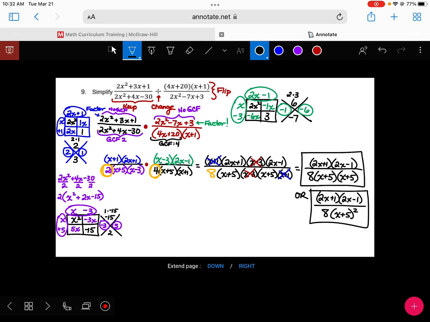To get to my answer key, if my board decides to work, here we go. So you have to go to modules. When you go to modules, scroll all the way down until you see Tuesday, March 21st. The answer key is not right here. You have to actually click on the review, where it says review for module 9 quest.